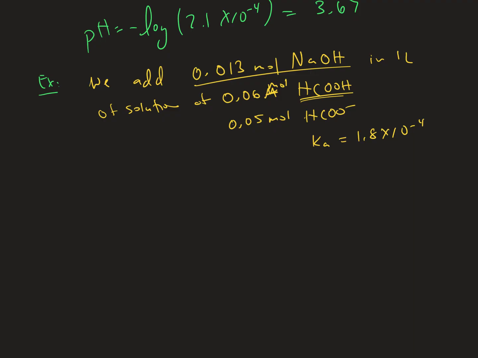So we have our 0.013 moles of our strong base added. So that means, let's see. Sorry, are we looking for pH? Yeah, I'm looking for the pH after we add our base.